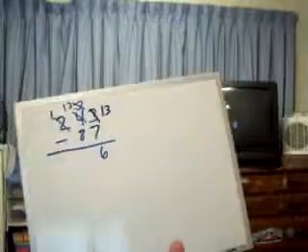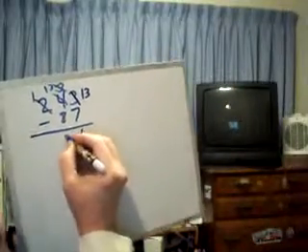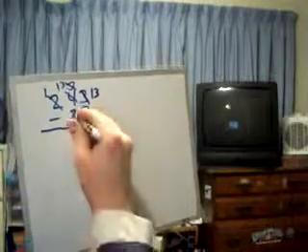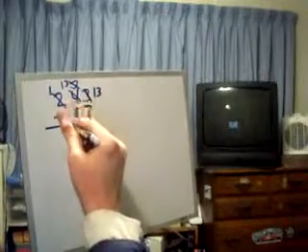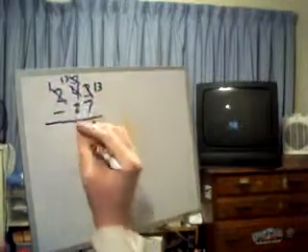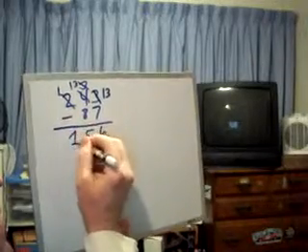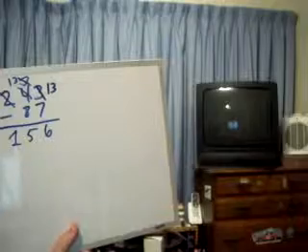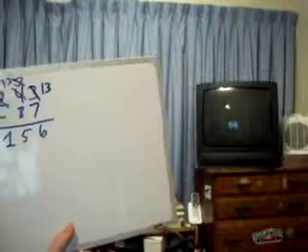Well, 13 minus 8 is 5, just like that. 8 plus 5 is 13. Now we're not subtracting anything from the 2, so that's just going to be 1. And that's how we came up with 156. And that's exactly how we did that.